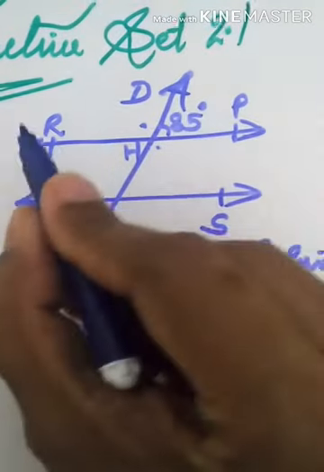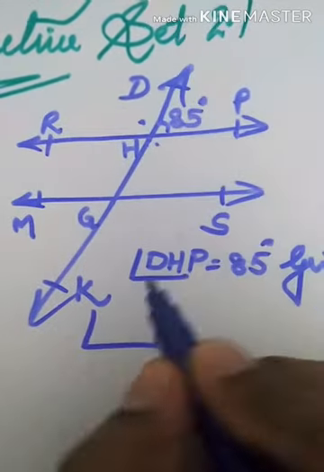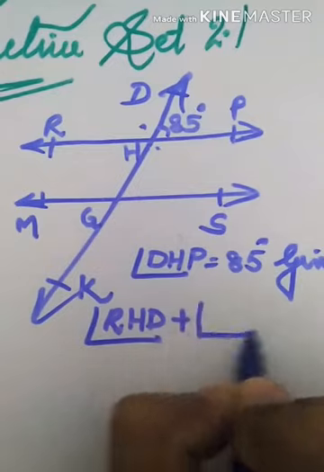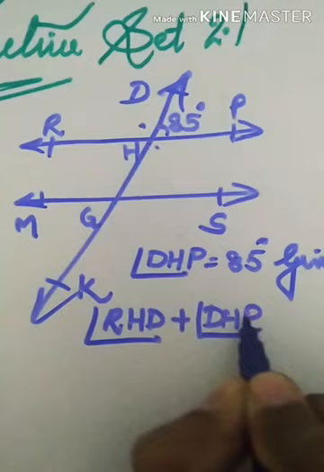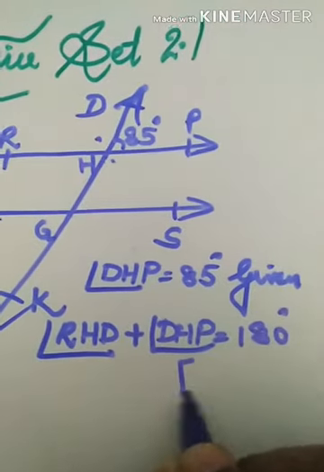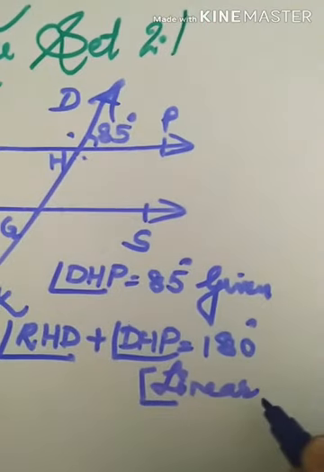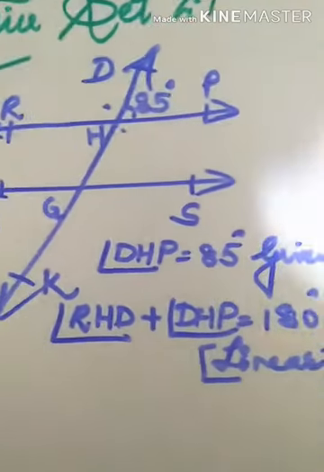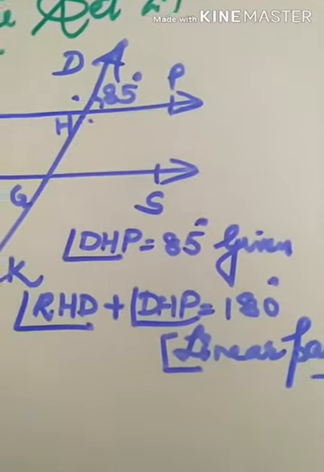Angle RHD, or you can write DHR, both are one and the same angle. I'll write RHD plus angle DHP is equal to 180 degrees. And you have to write the reason. They are linear pair angles, so just writing linear pair is enough.